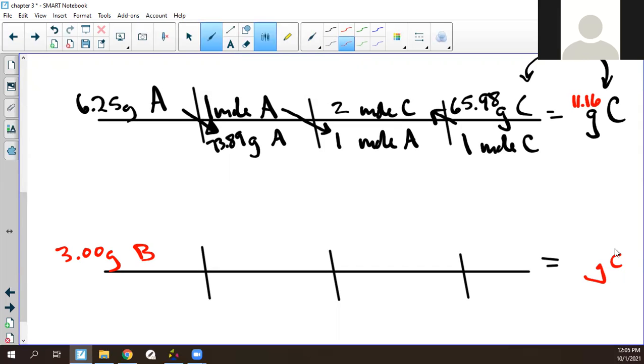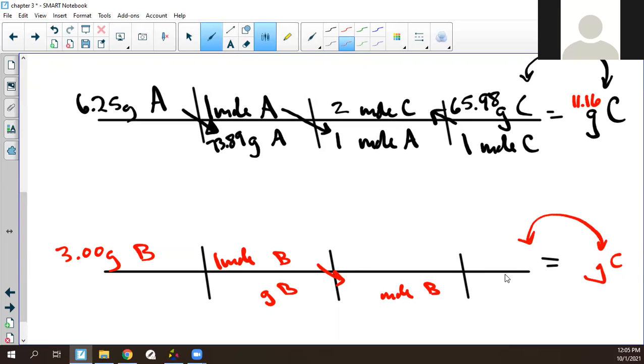So I'm just going to set this up. I have grams of B. Tell your partner over and over and over. Grams are always tied to what? 1 mole of the same thing. So that's B, which means I have mole of B down here. So far, so good. Now I'm solving for grams of C.